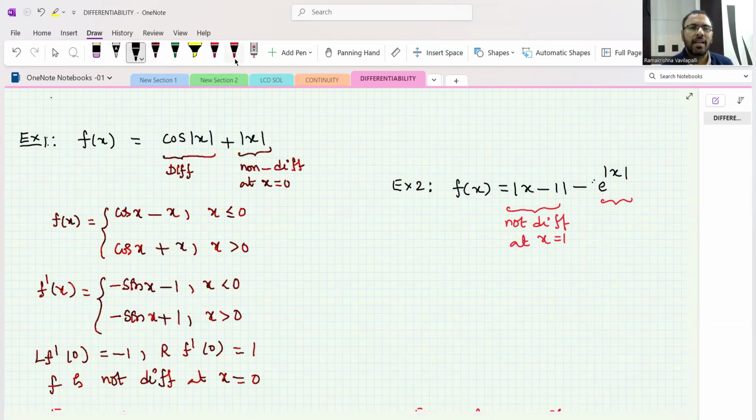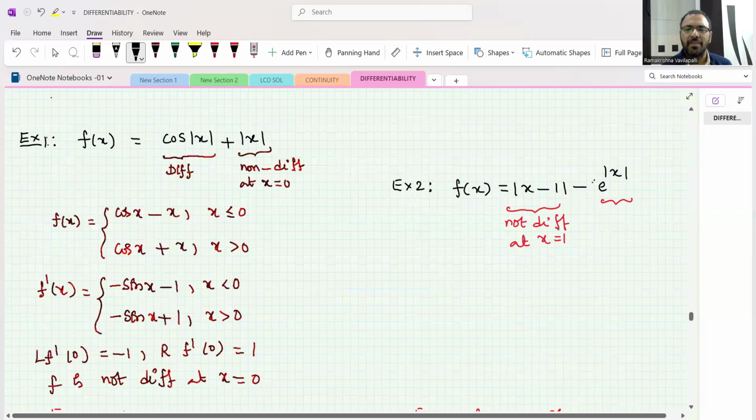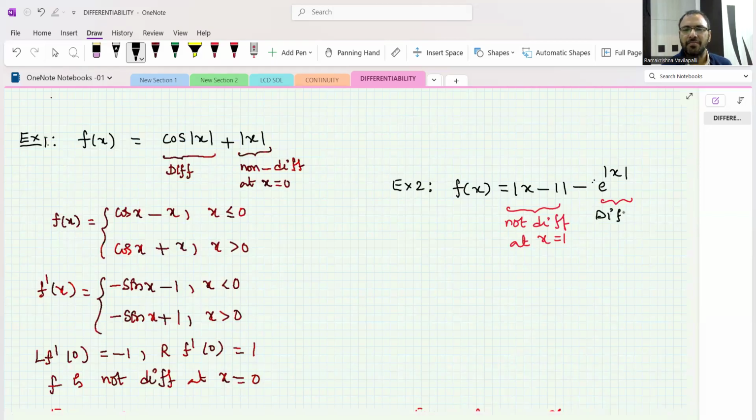What I would like to tell you is that this is not differentiable at 1, but this is differentiable at 1. But the entire difference is not differentiable at x equal to 1.